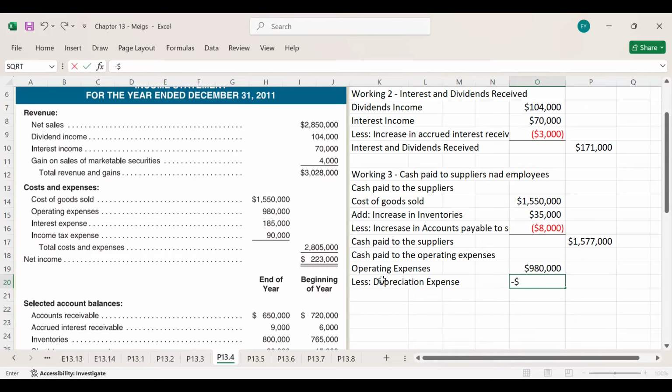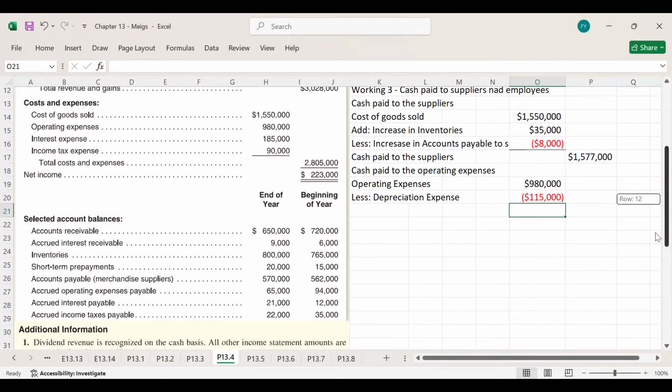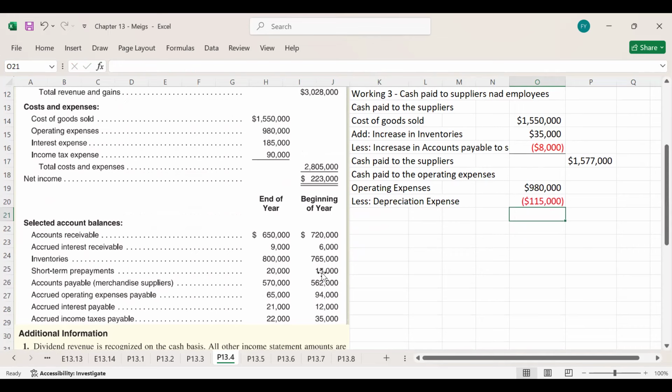So minus 115,000 is your depreciation expense, and we can see if there is any increase or decrease in the prepayments here. Short-term prepayments are there, and there is an increase in short-term prepayments. So we are going to add any increase in short-term prepayments or prepaids.